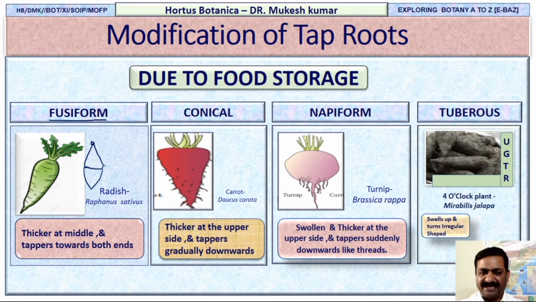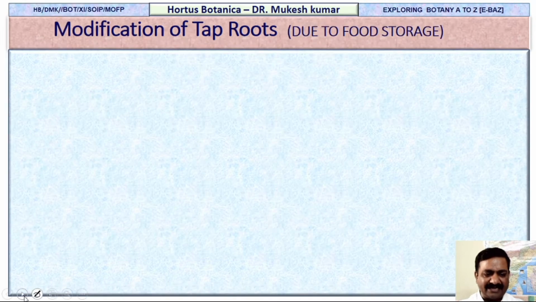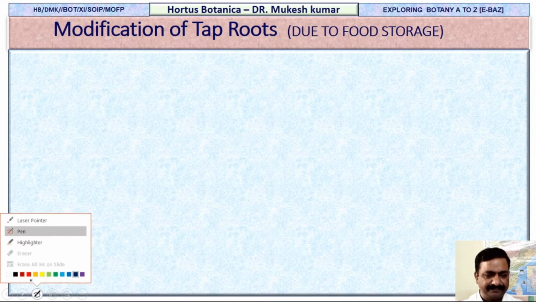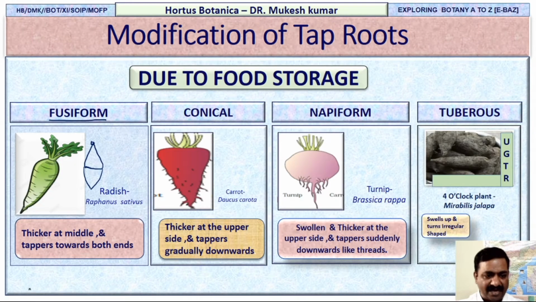So what are we finding? We are finding that this structure tapers towards both top as well as bottom. So fusing towards both top and bottom, that's why the terminology is fusiform.